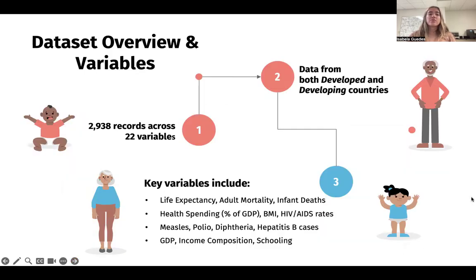The data set has 2,938 records across 22 variables and investigates both developed and developing countries. The key variables, as we discussed before, are life expectancy, adult mortality, infant mortality, different types of diseases, and the monetary wealth of the population.